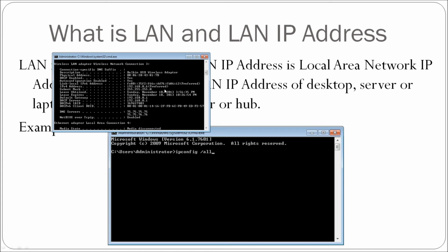And what is the IP address for this computer? The answer is pretty easy, and it's going to be right here. It will say IP address or IPv4, anything like that, right here. It will say IP address and 192.168.0.6.